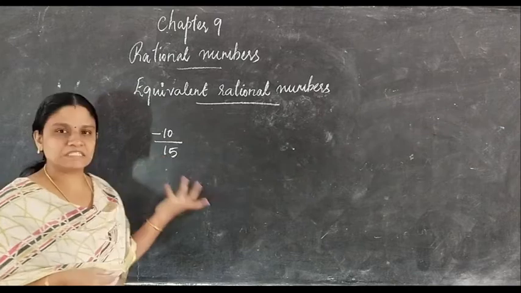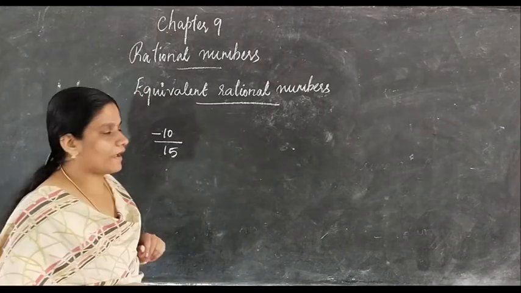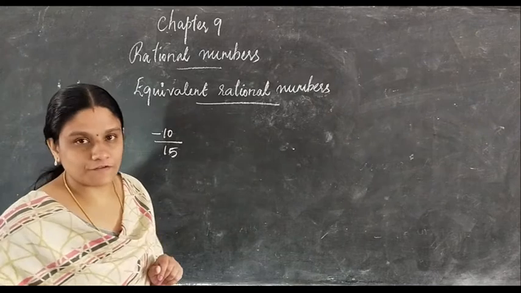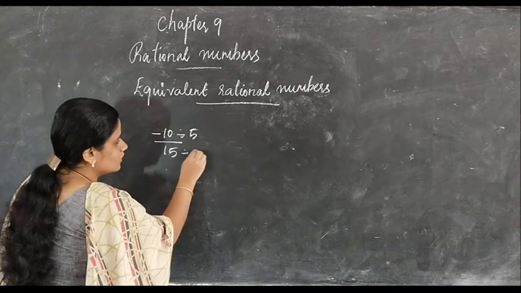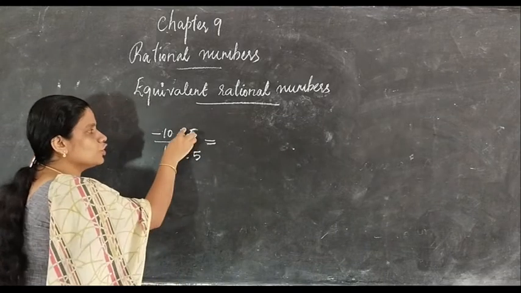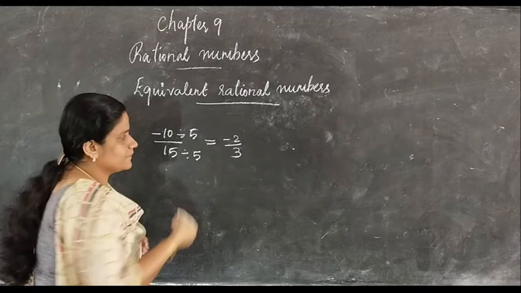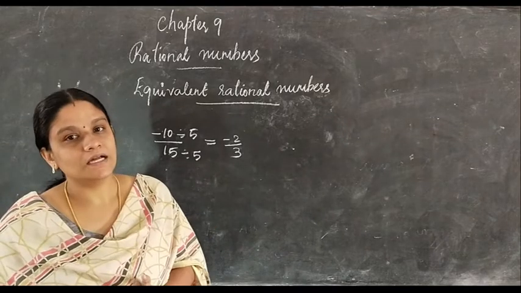Either you can multiply or divide, nothing is wrong in that. Here I am going to divide just to show you how to find. You just see 10 and 15 both will go in 5, so we can divide with 5. Dividing numerator and denominator with the same non-zero integer, what will be the answer? Negative 2 by 3. So this is an equivalent rational number.